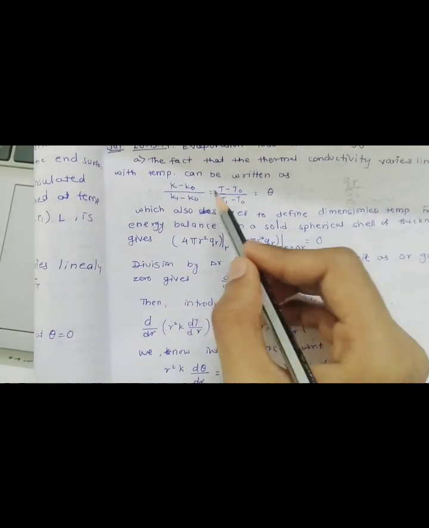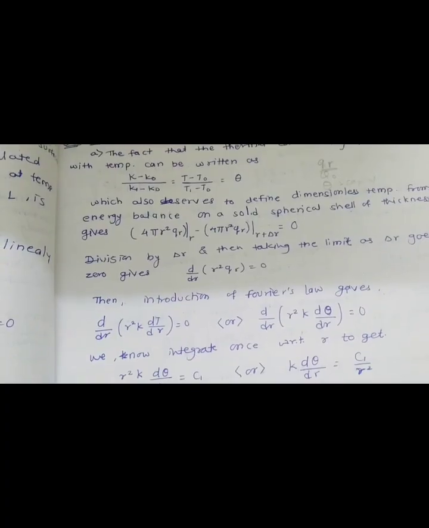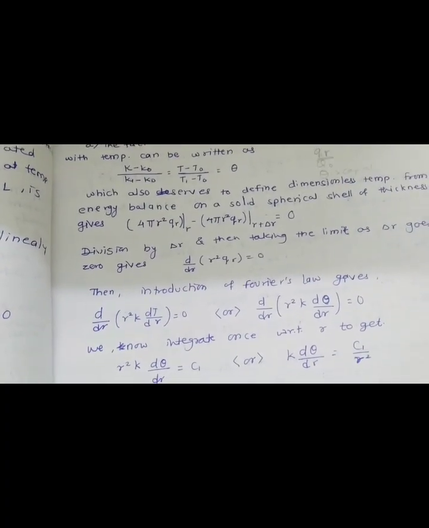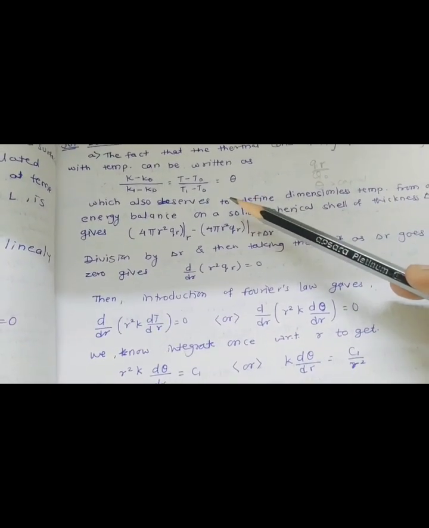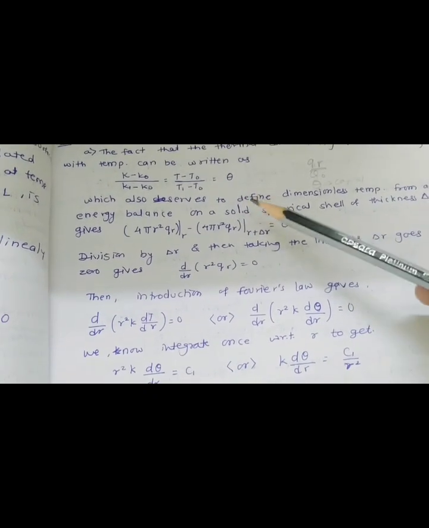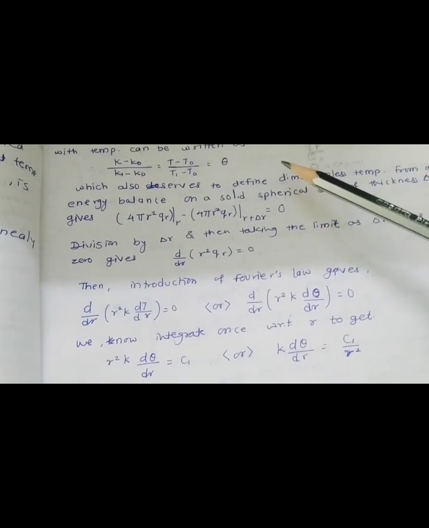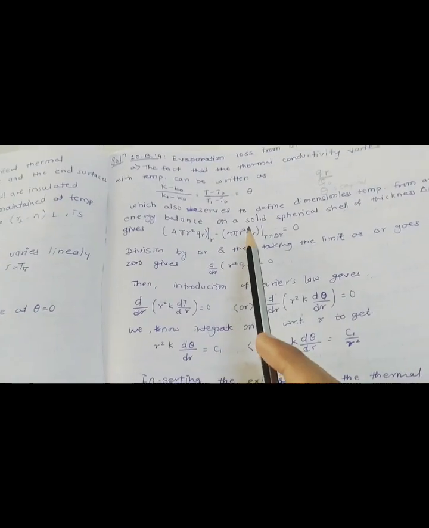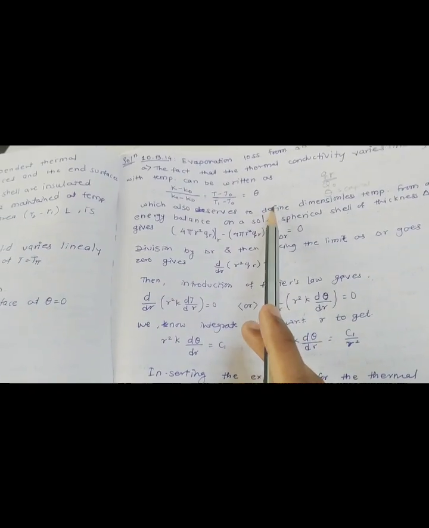Now, because K varies with temperature, K minus K0 all divided by K1 minus K0 equals T minus T0 divided by T1 minus T0, which equals capital theta, the dimensionless temperature. So we have capital theta here. So we have to simplify this question.